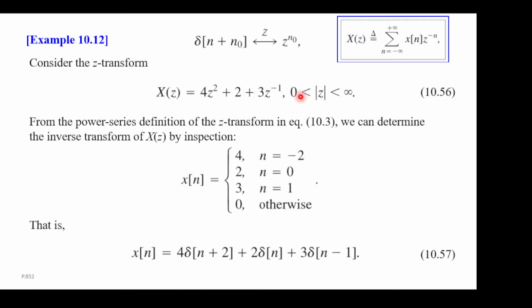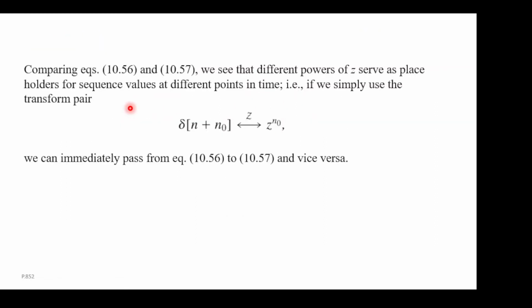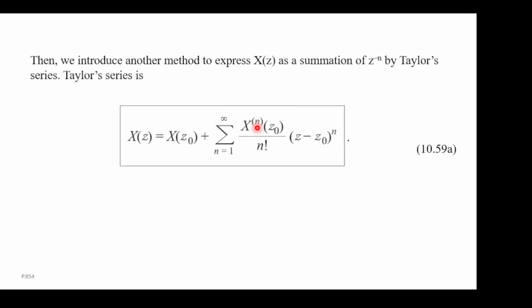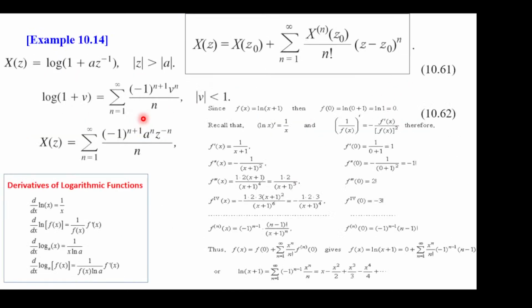And if X(z) is not in this form, then there are ways to turn it into this form. One of them is you can do division, or you can do Taylor series expansion if you remember it from your calculus.